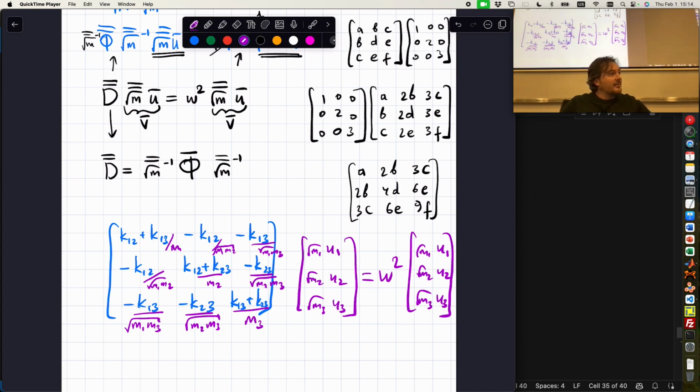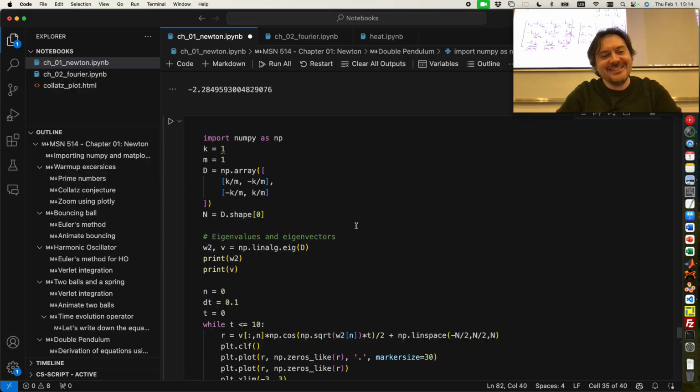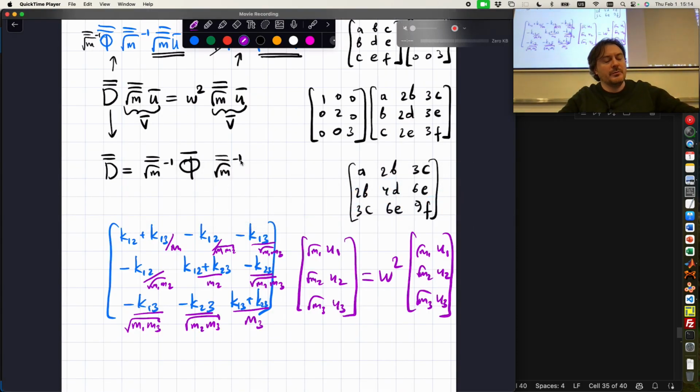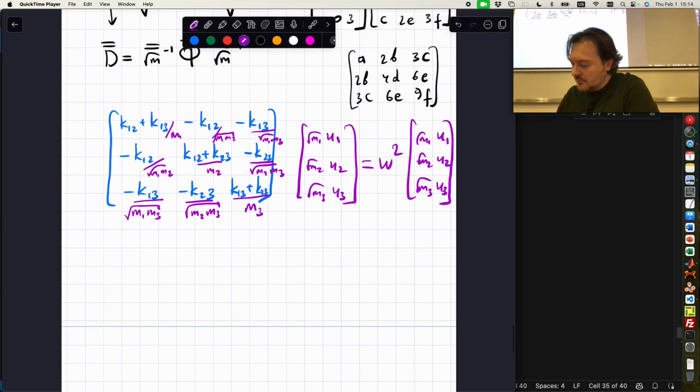Now let's go back to coding. You didn't like coding, you hated this one, right? So I'm going to write down the dynamical matrix for a system that is composed of just two masses, something like this, M, and there's K, and there's M again.